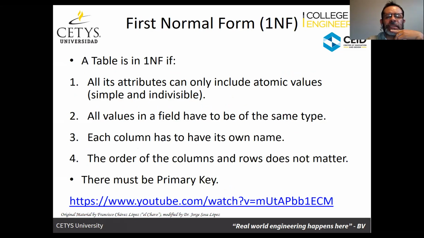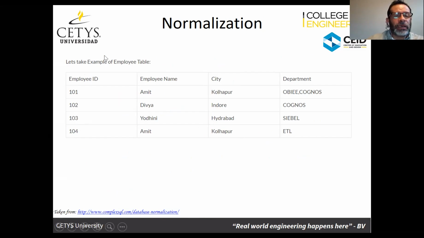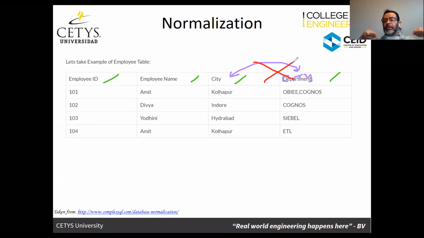The other thing that's common sense is that each column or each field has to have its own name. I mean, each of the four fields that we've got here have to have their own name. Employee ID, employee name, city, department. If I suddenly call this city also, then I'd have two fields of the same name, and that would be not only wrong, but it would be confusing.